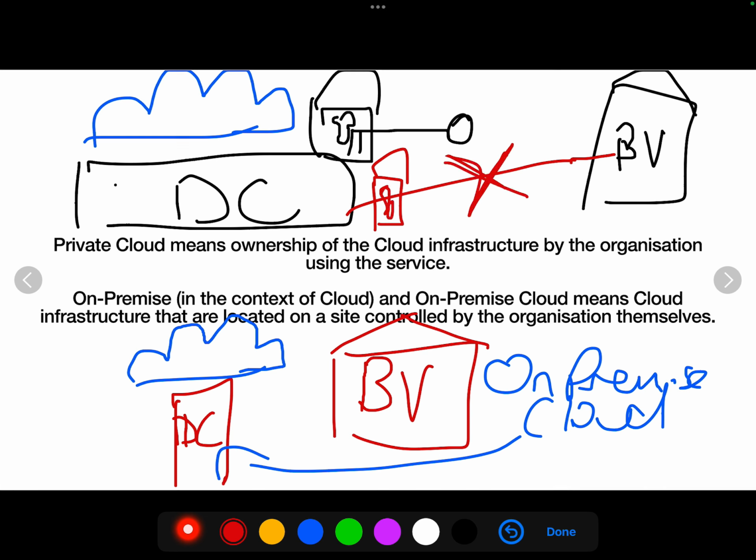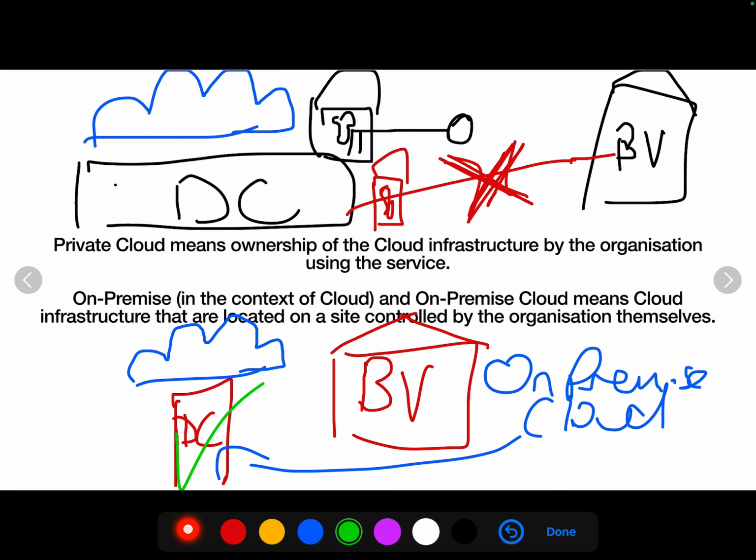That data center is not theirs, but they have cloud infrastructure in that data center. They have ownership of the infrastructure itself, but the actual building, the site, is not theirs. So while the servers may belong to them, they don't have ownership of the building. Here at Buckinghamville, they have ownership of the building and all the servers running inside. So that is essentially the difference there.